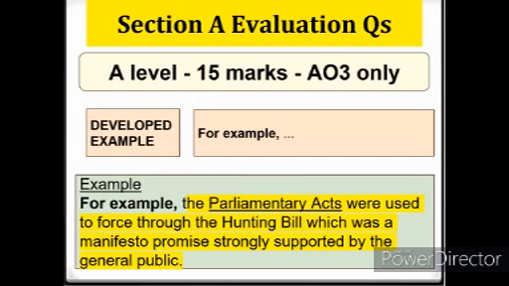You could also write, for example, the European Referendum Act was passed, which was a manifesto promise strongly supported by the general public through an election. Okay.